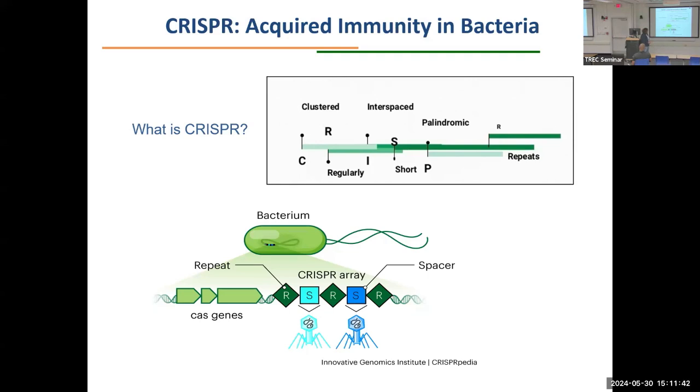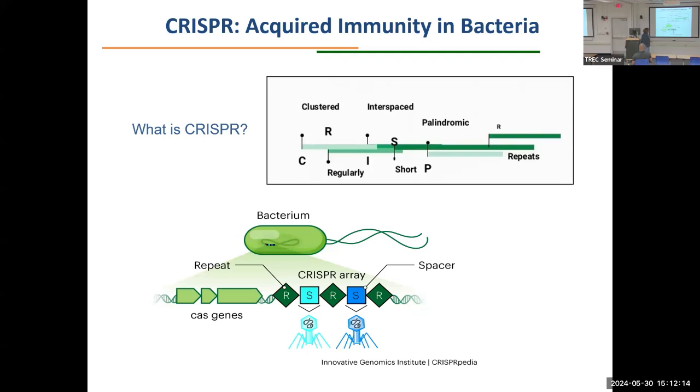For example, when bacteriophages infect the bacteria, the bacteria take a part of the DNA and integrate it into its genome. When these bacteriophages attack again, the bacteria take a part of it and put it as a spacer in the CRISPR array. So this spacer is the genetic material of the bacteriophages, which they integrate over time in the CRISPR array.